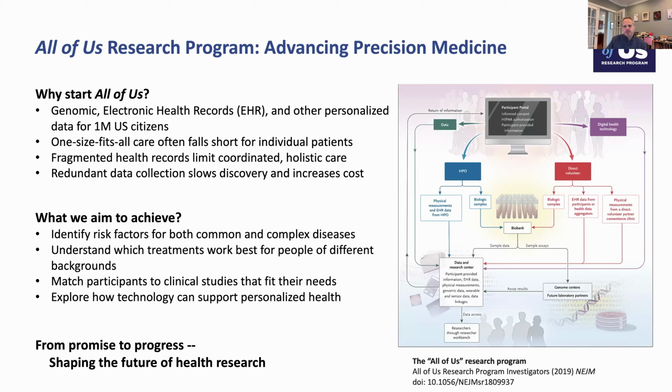And the goal here is really to have a biobank and a platform to understand human health very comprehensively. So at this scale, we can really dissect the genetic bases of many common diseases and also rare diseases, really understand treatments that work for different people and backgrounds, and hopefully make progress on shaping the future of human research.